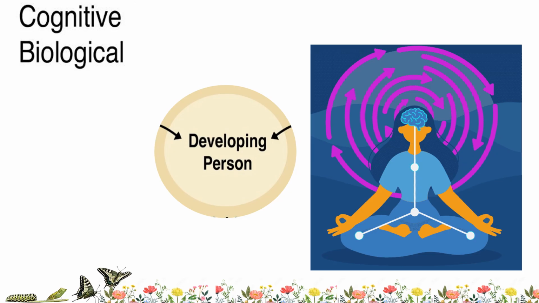All these contextual systems, the environmental concentric circles, represent the social aspects of development. That domain is covered by looking at those outer circles, and the biological is part of the person, and was even talked about by Bronfenbrenner in his revision of the model.